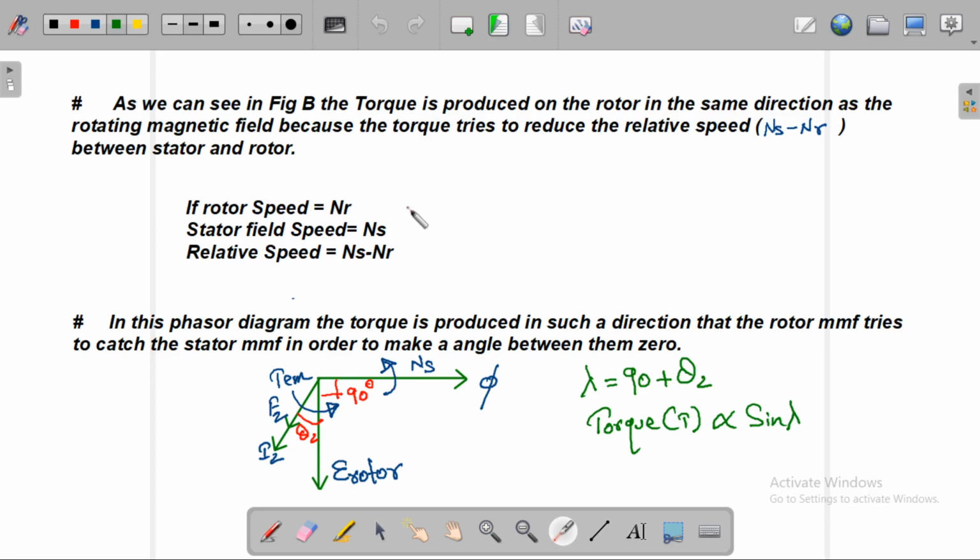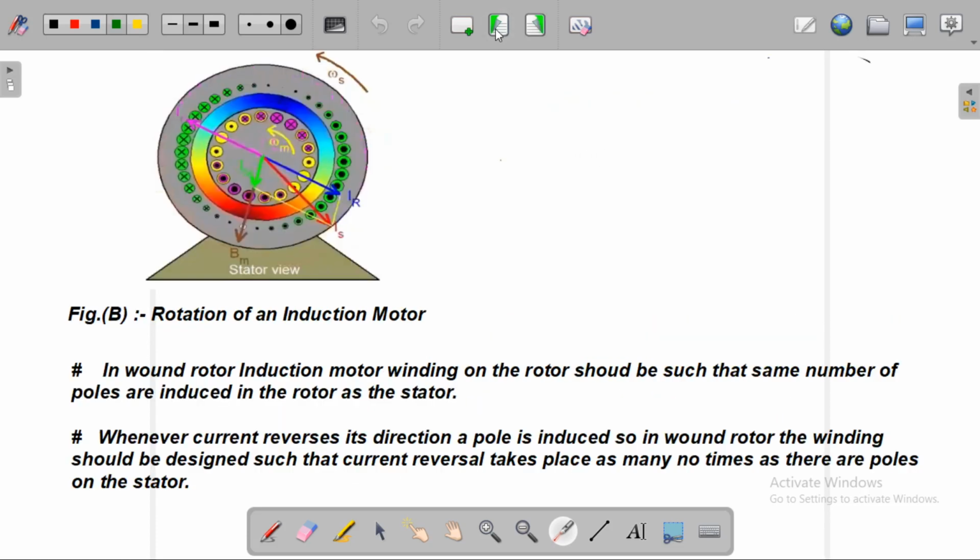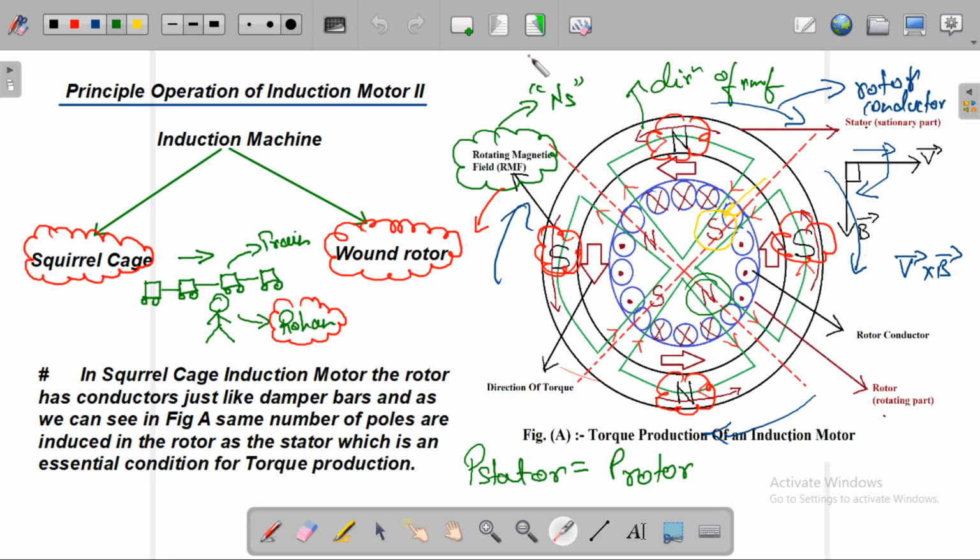In this lecture, we discussed the torque production of an induction motor, how torque is produced in any induction motor, and what essential condition should be remembered for torque production.